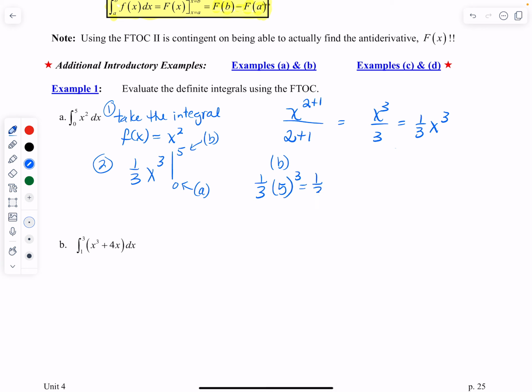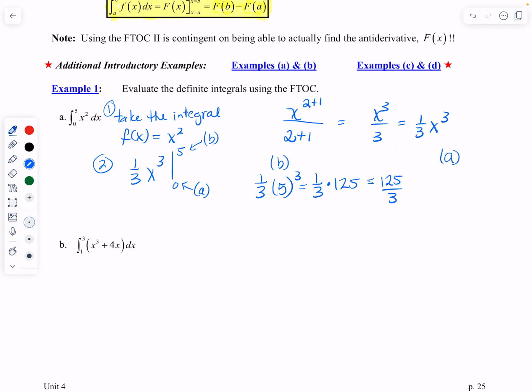So I get 1/3 times 5 cubed, which is 125. So I take 125 divided by 3, and I'm going to leave it for now.